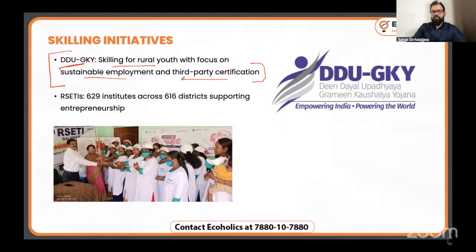If you see, it is beyond agriculture, because agriculture alone is insufficient to raise the income. Seasonal income is there in agriculture, climate vulnerability is there, low productivity is there. So agriculture is not sufficient enough.